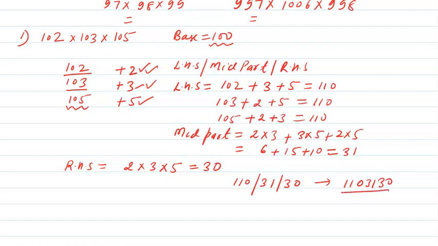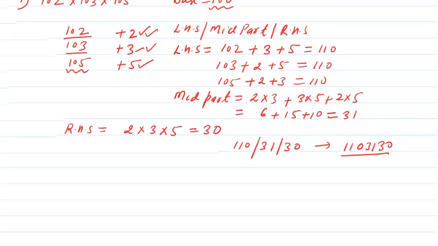The same concept which I highlighted in the previous video also, that the number of digits in the middle part and the right hand side part should be equal to the number of zeros in the base, right? So this is important, you need to keep this in mind.